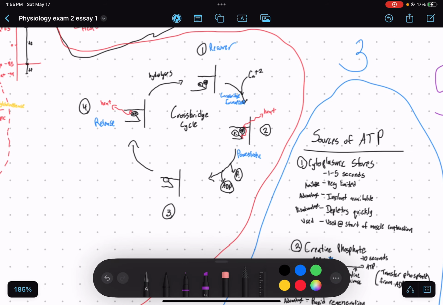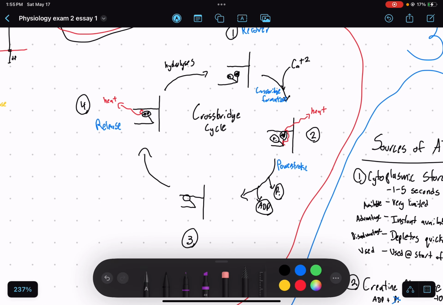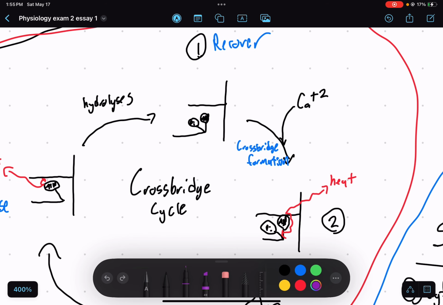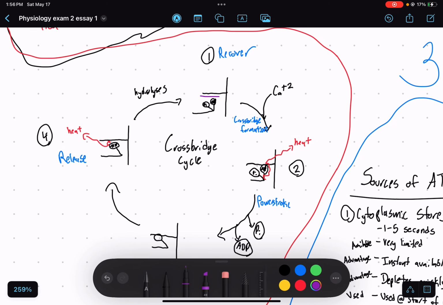So with this first one, I'm just going to explain what is on your myosin and talk about the actin a little bit. So over here, I'm just going to draw a little tropomyosin on there real quick. Sorry, that's with tropomyosin. So with this first one, you have your myosin head, which is this piece right here.